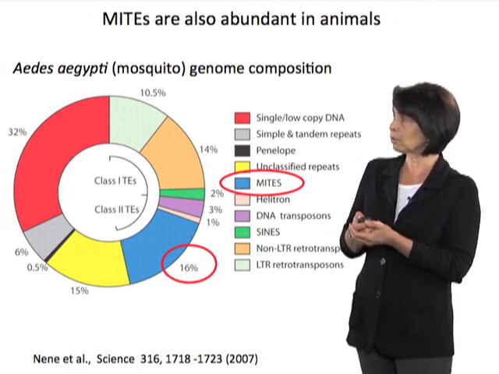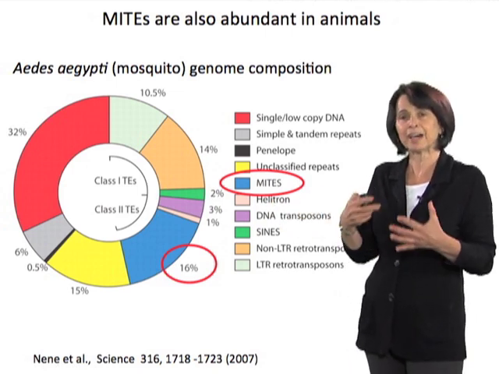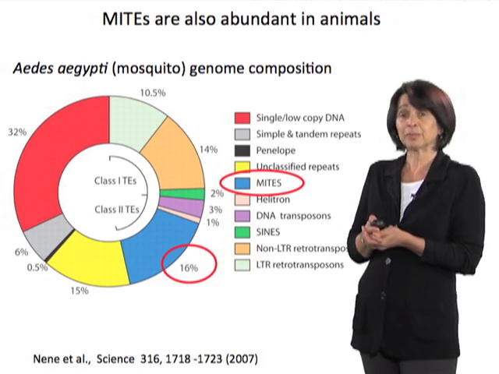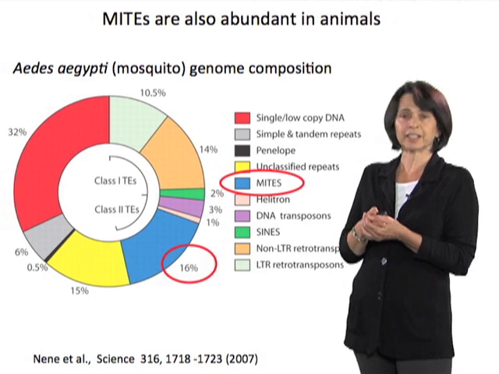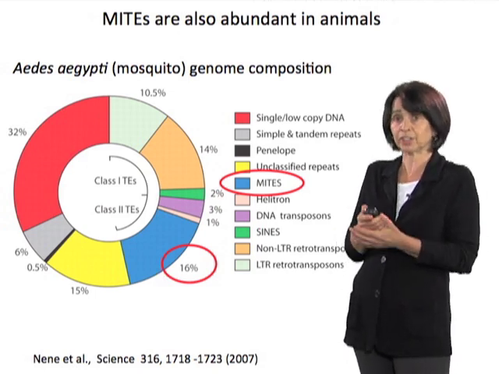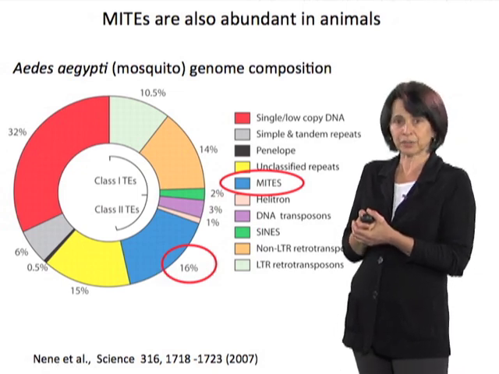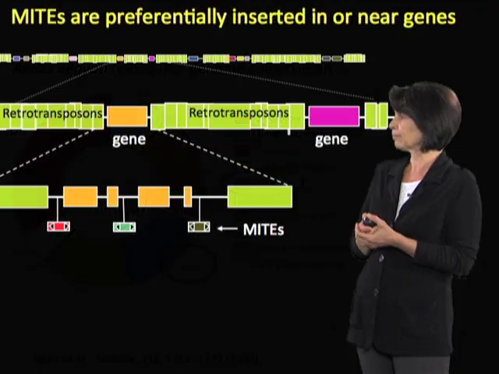So what I would say in my grant application is by understanding how mites move and how they increase their copy number in a plant genome, we can extrapolate. We can use that information to understand how they expand in animal genomes. And there are mites in zebrafish, in most higher eukaryotes, but none of them to date have been shown to be moving.